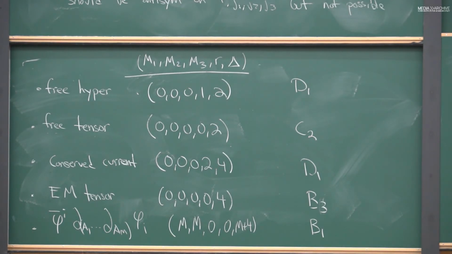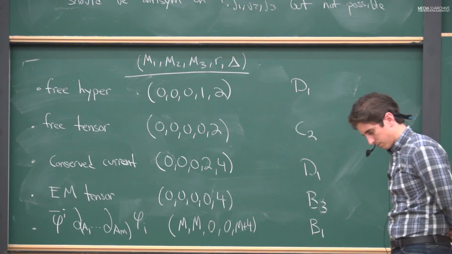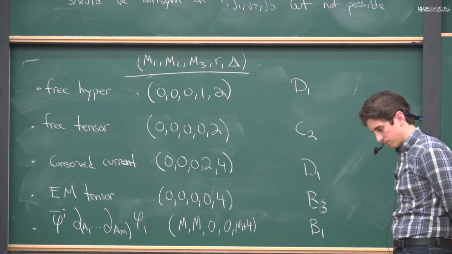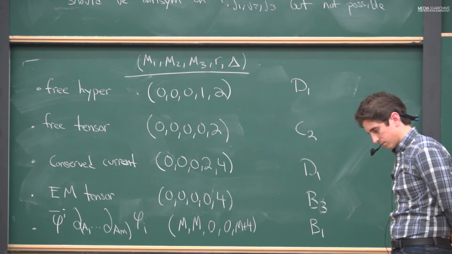If the answer is greater than 4, then you can already cross out all the other guys, because the dimensions of the primaries of all the others are greater than or equal to 2. The gap is not 4, it's 2.